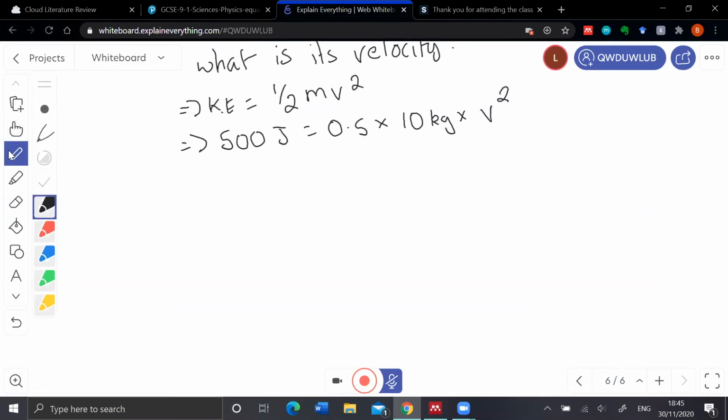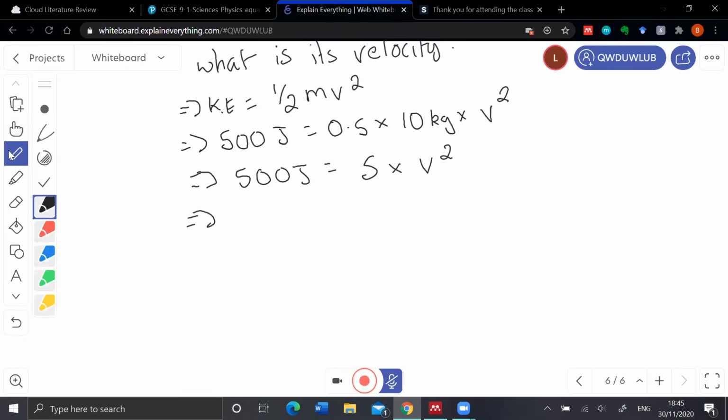Right. So 500 joules equals 0.5 times 10 times v squared. Multiplying by 0.5 is just dividing by 2, so it's just 5 times v squared.